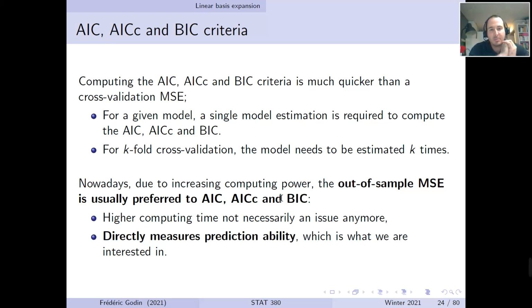So as time goes by, out of sample mean square error becomes more and more accessible to assess the performance and to do some model selection. Okay, so it's more and more accessible, but still some people use these more traditional criteria in certain circumstances.